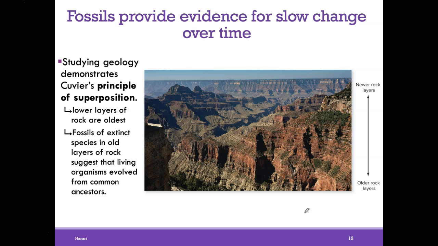I'm talking about fossils. If I find a fossil down here, it was a lot older than a fossil I would find up here. And I wouldn't be surprised if the fossil up here shared a lot of common features with the fossil down here. But there might be some changes because the distance from here to here could be tens of thousands of years. So this is the principle of superposition.